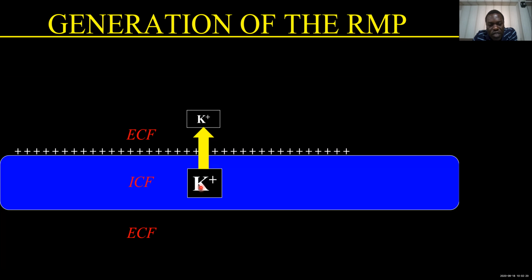If it carries positive charges out, it means that the inside of the cell will be more negative if you compare that with out of the cell. So what is the effect of potassium efflux? The effect of potassium efflux is that the inside of the cell becomes more negative, or we can say the outside of the cell becomes more positive.